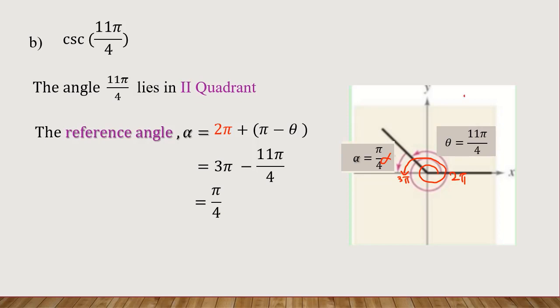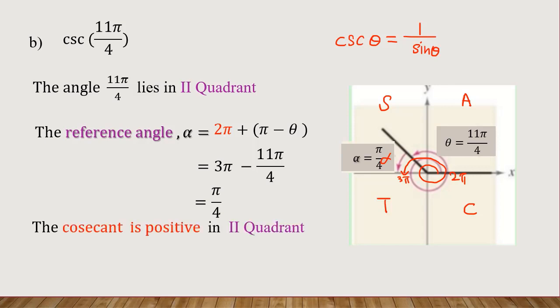After this, we proceed with the formula ASTC. We notice that in the second quadrant, sin is positive, and the relation of cosecant theta is equivalent to 1 over sin theta. So if sin is positive, cosecant is also positive.